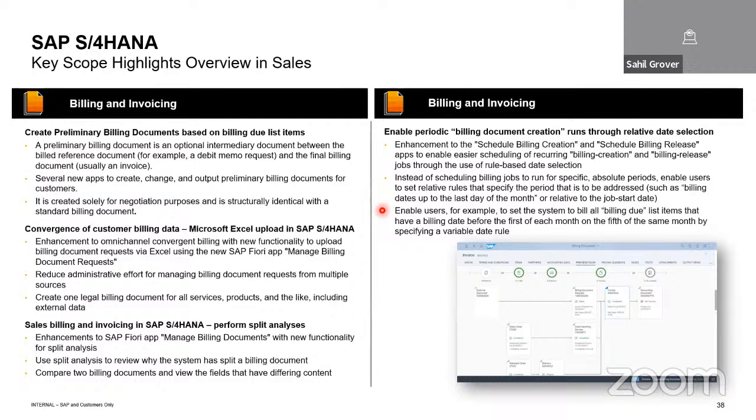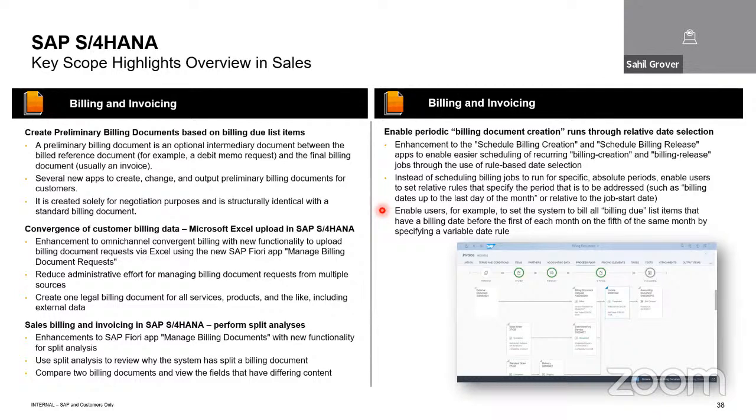I'll give you an example. Generally when we go for any property buying or any rental business, they will tell you, this is the charges which will be applicable on a pro rata basis, and they'll say, if you're okay, then we'll go with the commitment and we'll bill you, we'll create a plan in the system. So that option, having a preliminary billing document for negotiation purposes, is available.